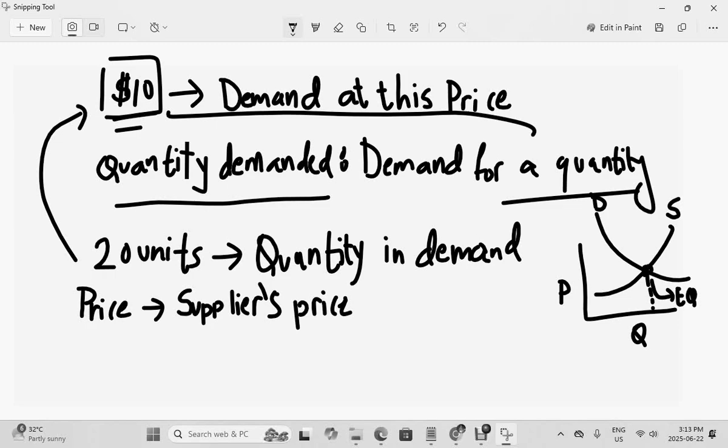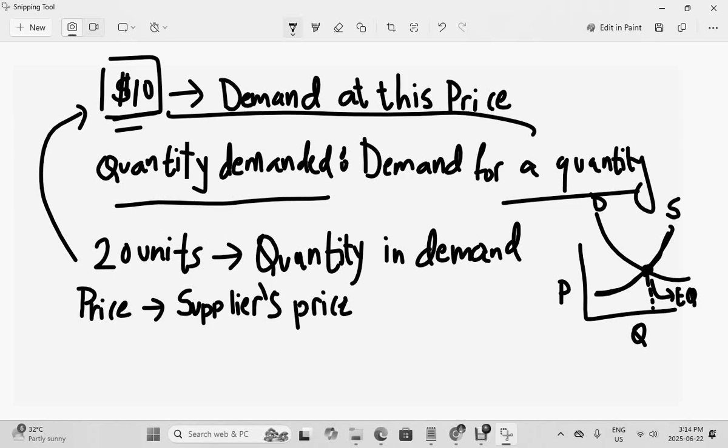However, if there is a rise in prices, let's say the prices go up for some reason, assuming this is price on your vertical axis and your horizontal axis is quantity, we know that the supplier would be able to produce more because he's going to be able to invest more into the business.